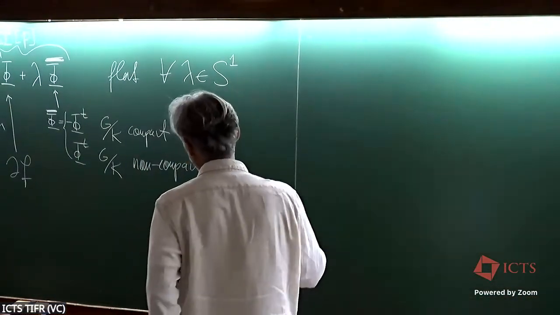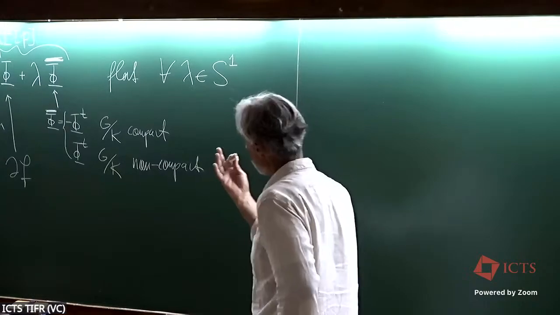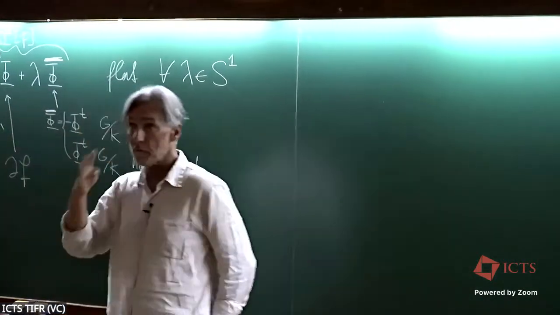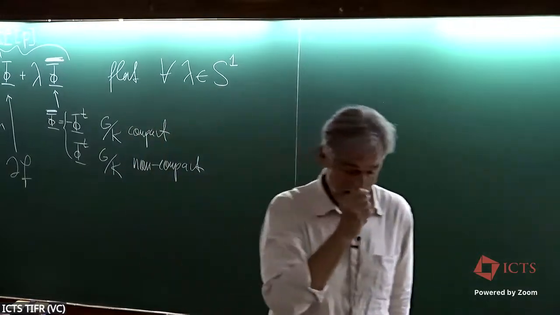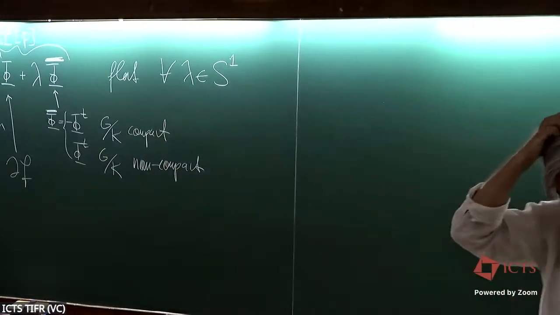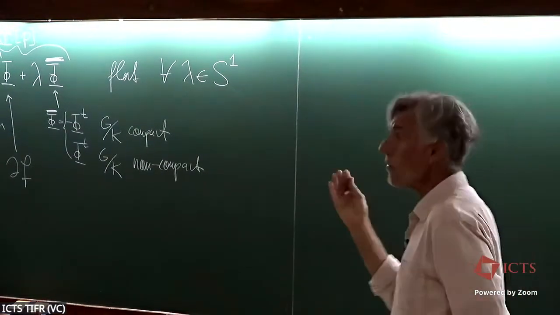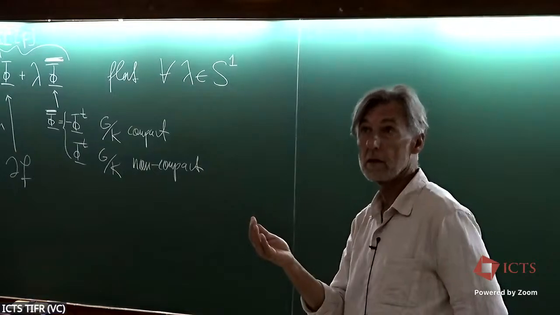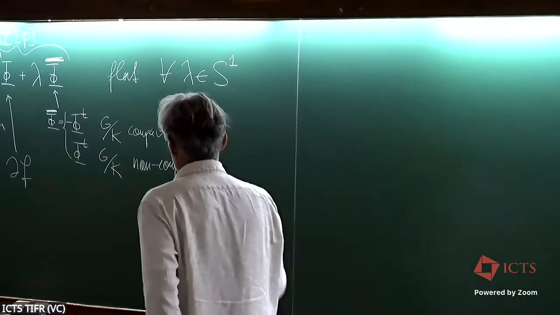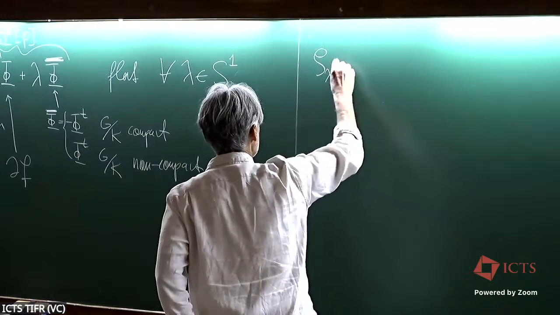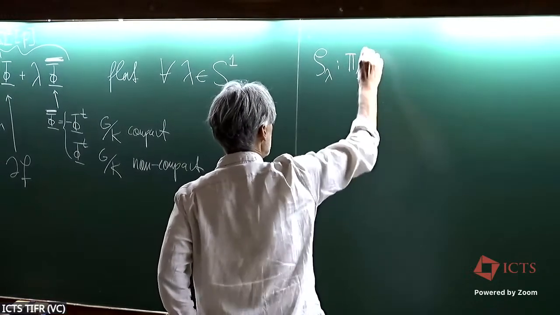So I already mentioned an important property. If you have any flat connection anywhere on some bundle or principal bundle, it doesn't matter, then the only invariant it has is its monodromy. So it is wise to look at the monodromy of this connection.